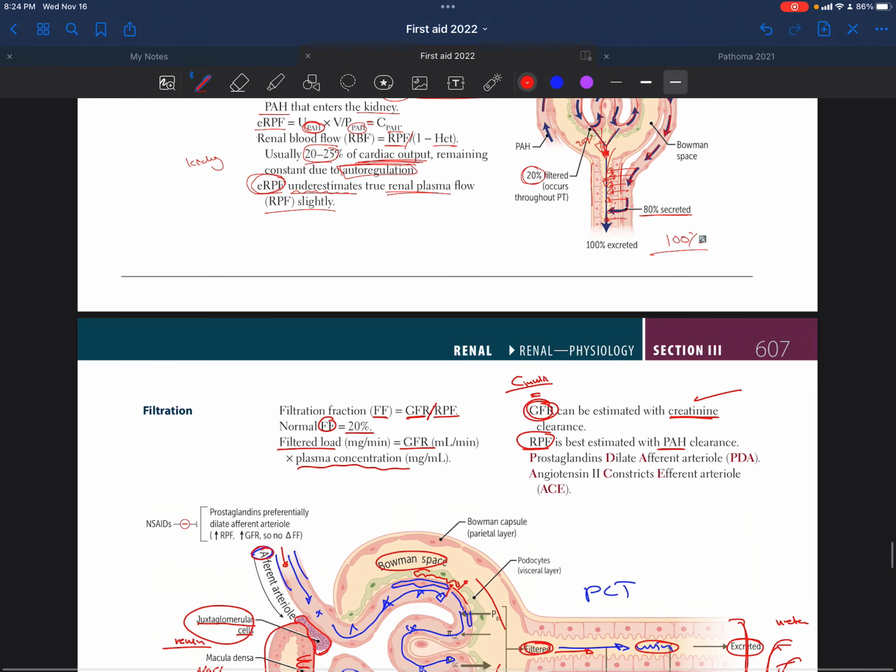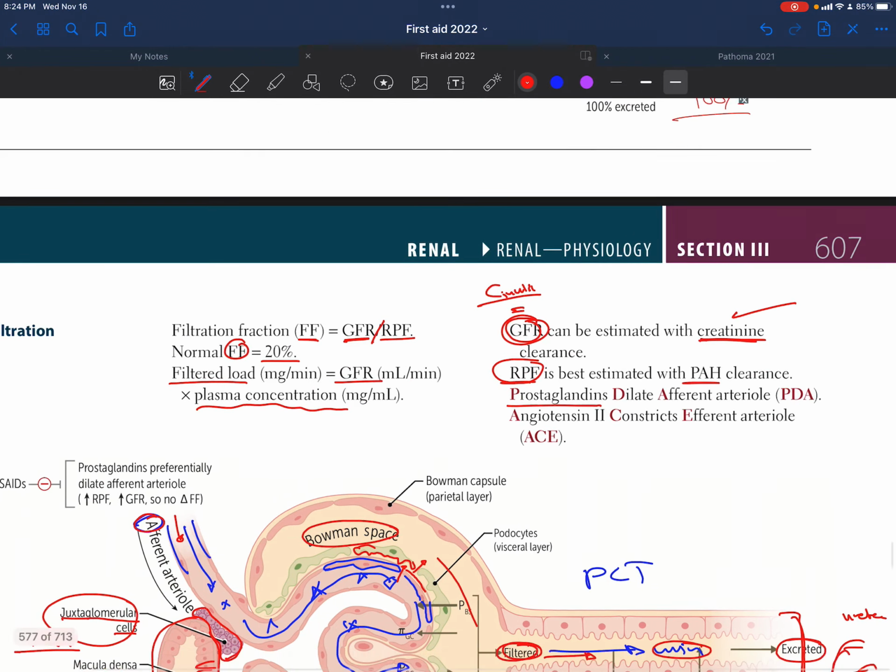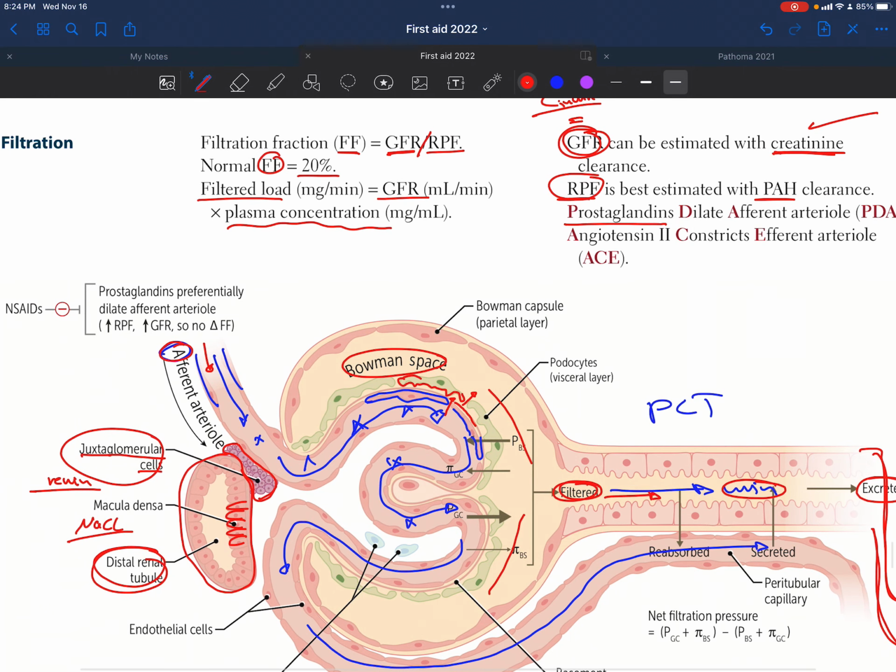Here we have two main effectors that affect the GFR, the filtration rate, or the filtration fraction. First one is prostaglandin, which dilates the afferent arteriole. We know that the afferent arteriole is this arteriole over here that brings blood into the corpuscle, into the glomerulus.